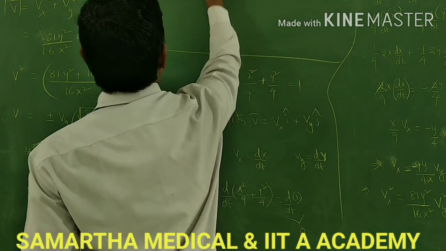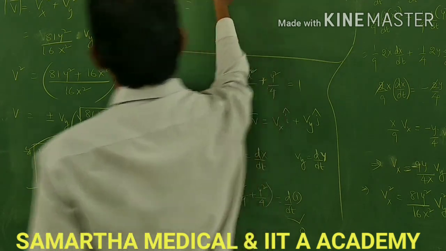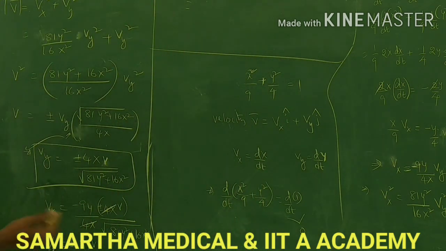So v bar equals vx i plus vy j. You substitute the values of vx and vy and you will get the answer.